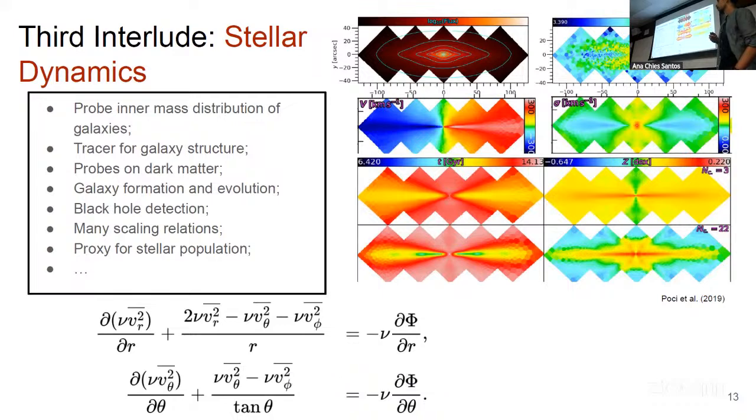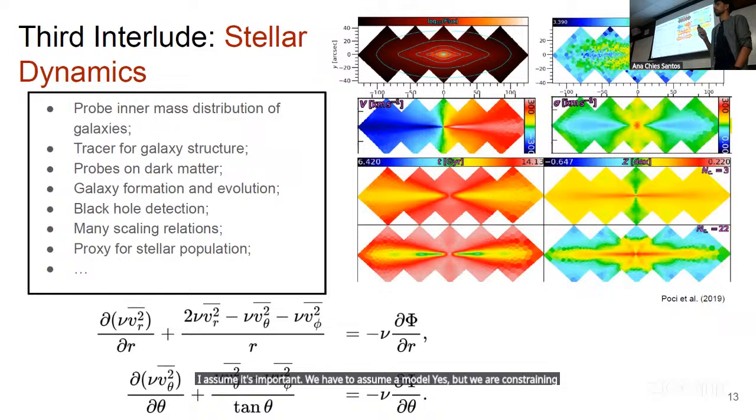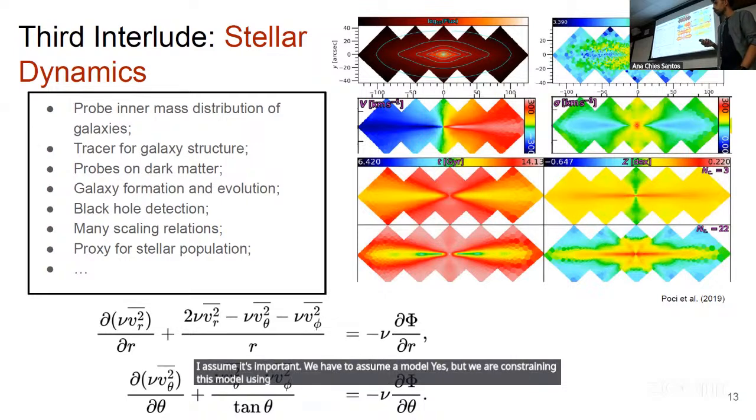You assume a model, yes, but we are constraining this model using the velocity and velocity dispersion that we measure from the spectra. So the observations come from spectra.